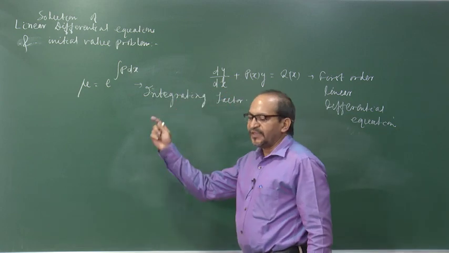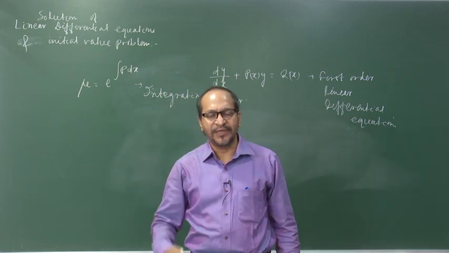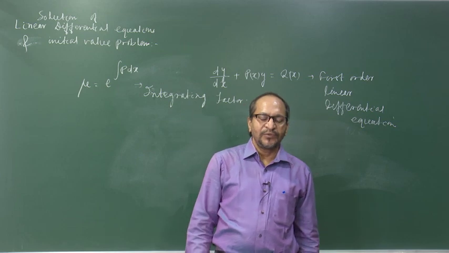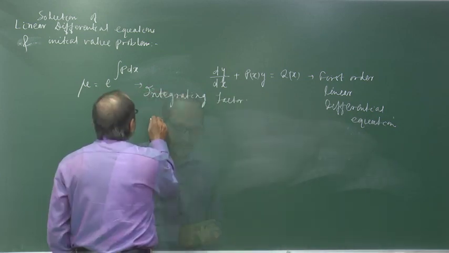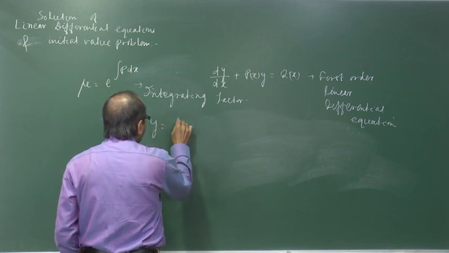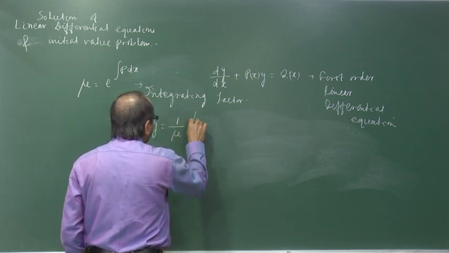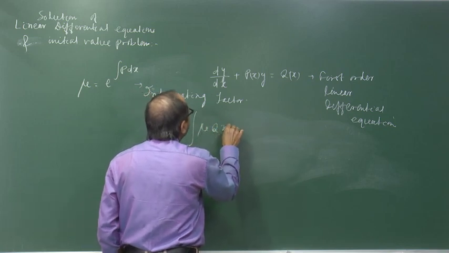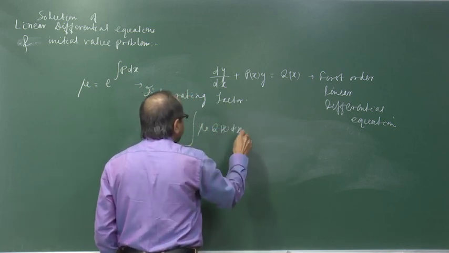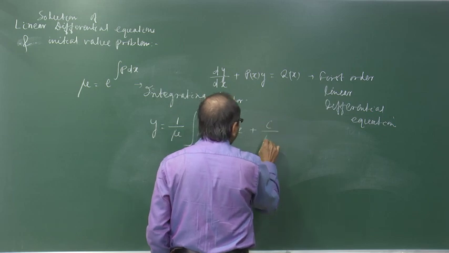When we take the help of this integrating factor, we find the general solution: y is equal to 1 by mu into integration of mu into q of x dx, plus c by mu.